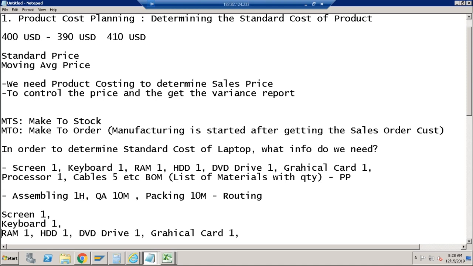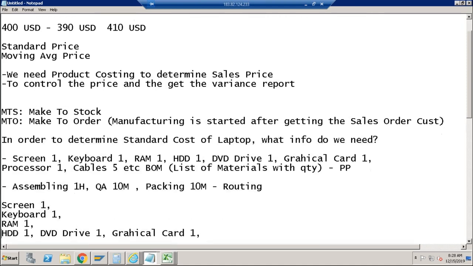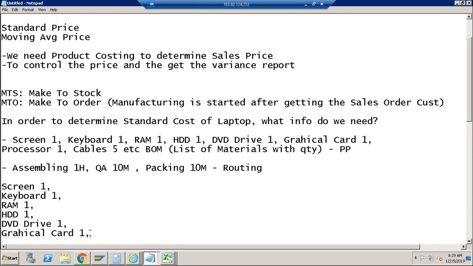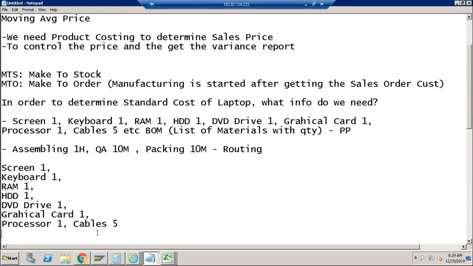I have to tell the system how much one keyboard costs me. One graphical card, what is the total price? Similarly, what is going to be the price of the processor? What is going to be the price of the cables?